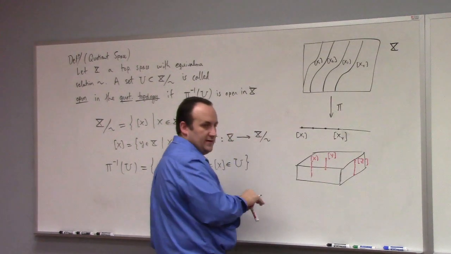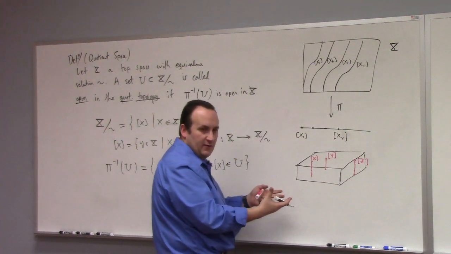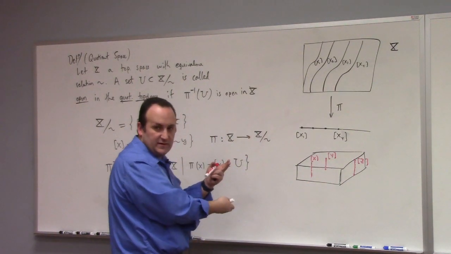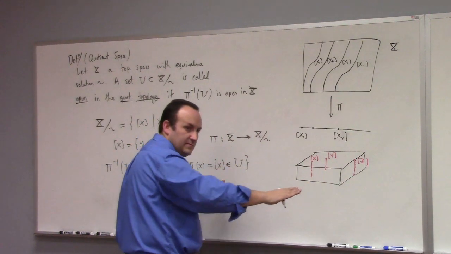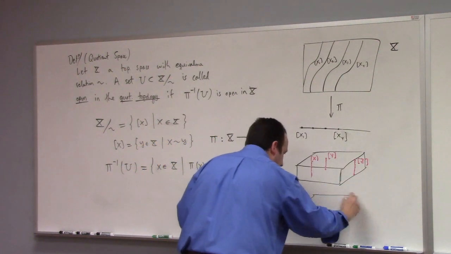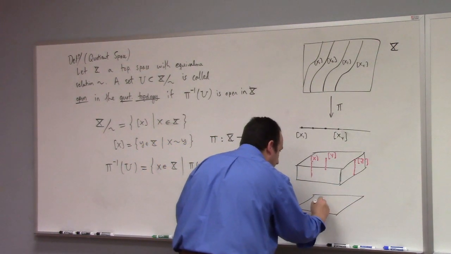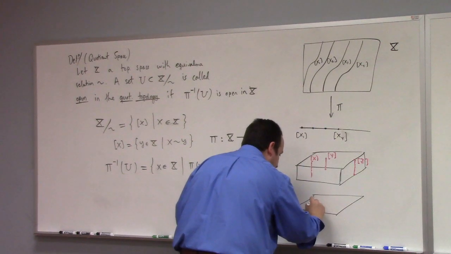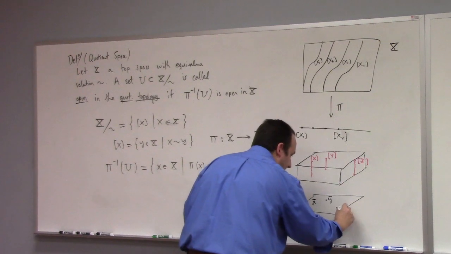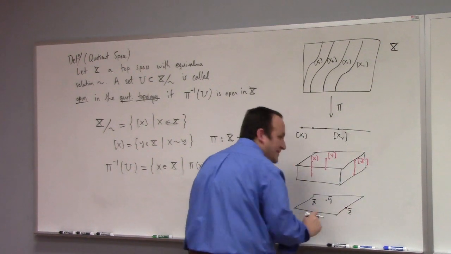Maybe a good mental picture for what that quotient is, of that 3-dimensional chunk mod that equivalence, is like a plane, like down here, we can envision the quotient like this. And I'll just use x bar, y bar, and z bar because I'm tired of writing brackets.